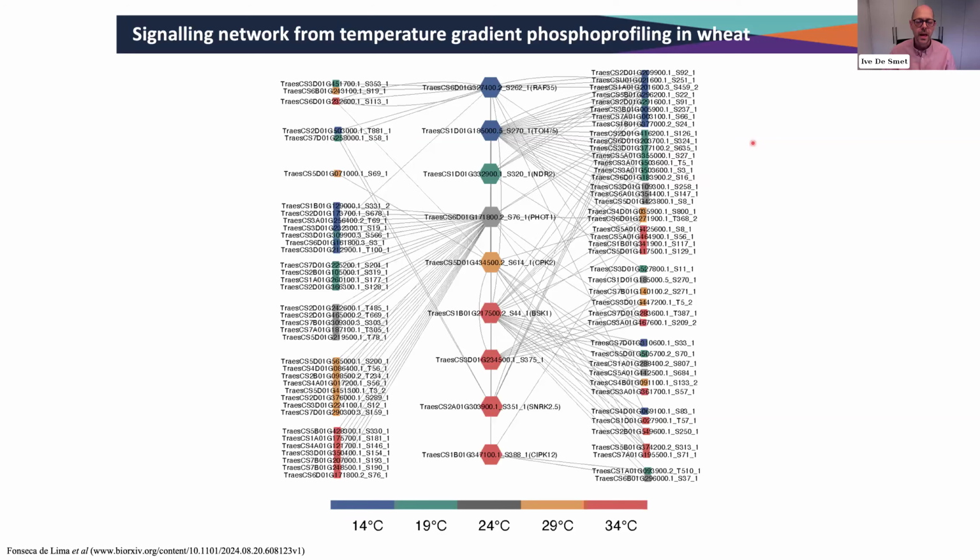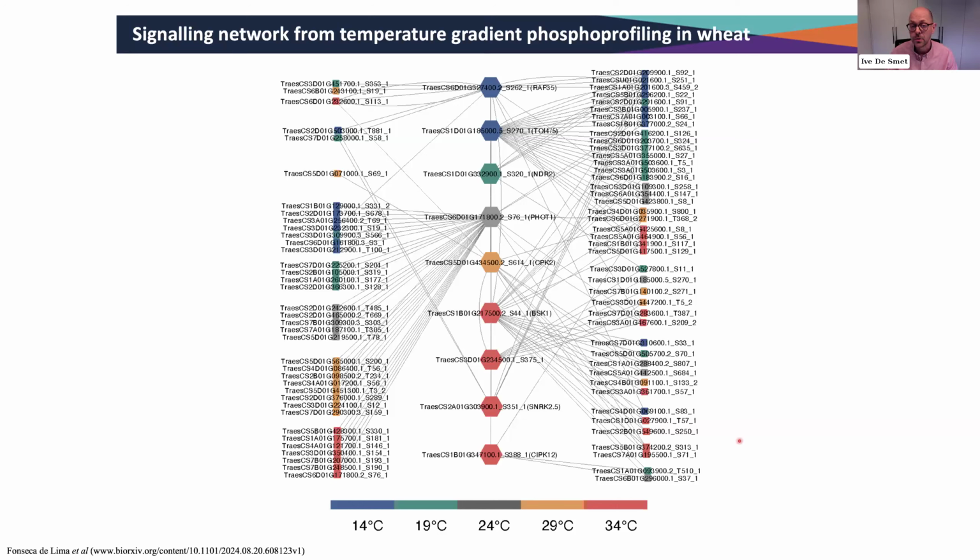So we did not build any networks based on gene regulatory networks or protein-protein interactions. We purely built a network based on the phosphorylation dynamics along this gradient.